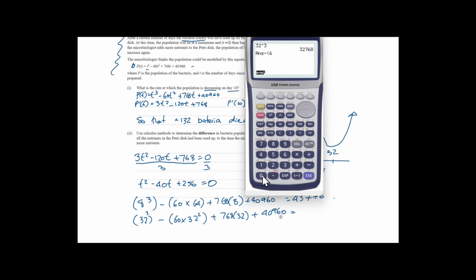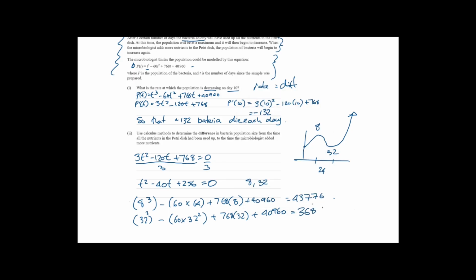Minus 60 times 1024 plus 768 times 32 plus 40,960 is 36,864. That's how much we had.